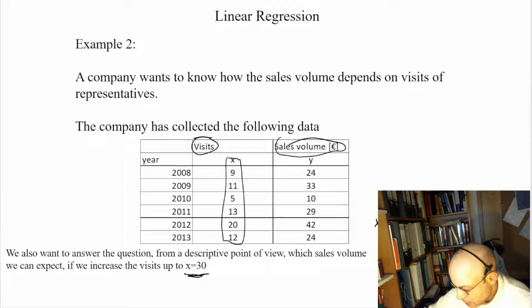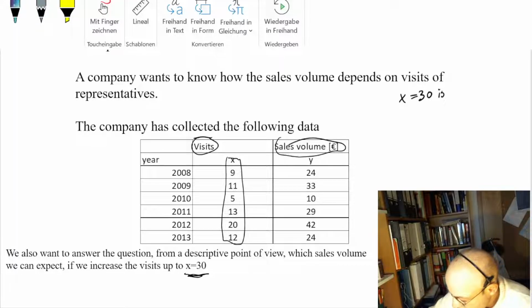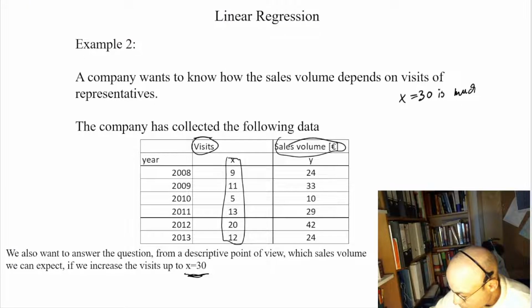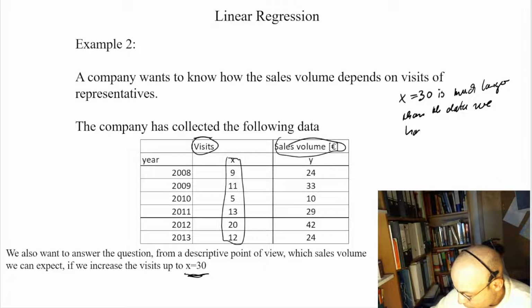So x equals 30 is much larger than the data we have.